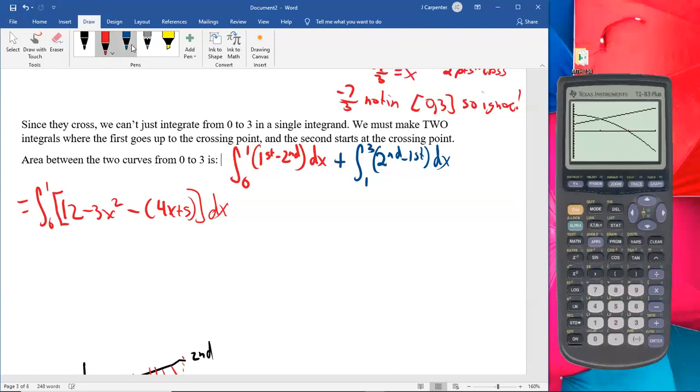So this is the red one. I'll keep the colors. Then the blue ones, that's first minus second. The second's got multiple terms, so parentheses. Then plus, integral from 1 to 3. Second minus first, you're just swapping the order of these things. So it's 4x plus 5 minus parentheses 12 minus 3x squared, then all over dx.